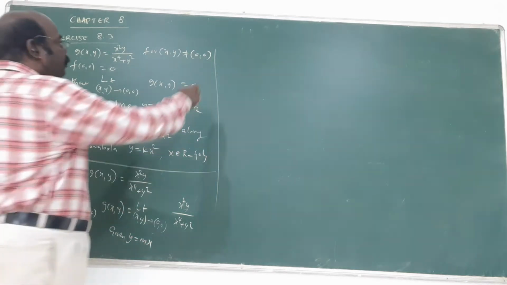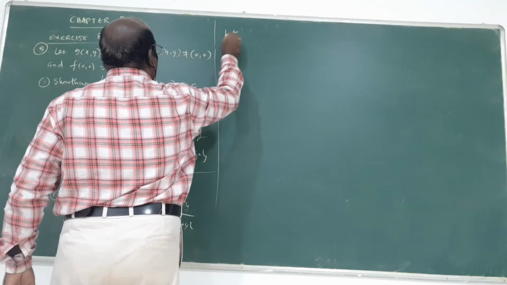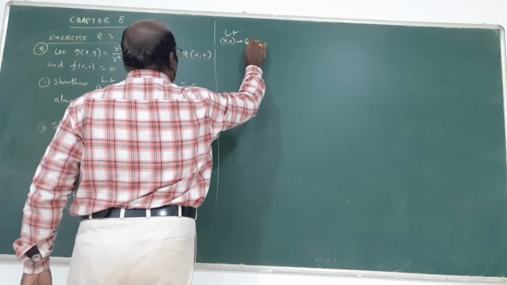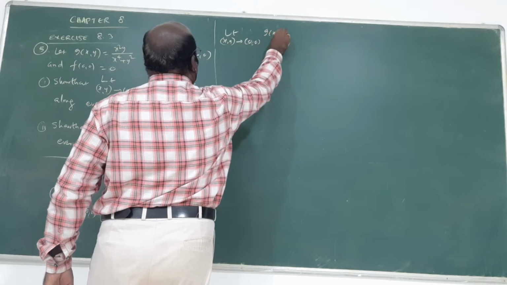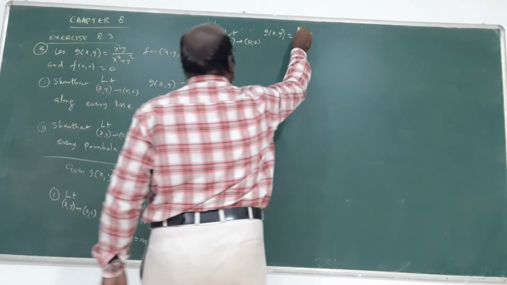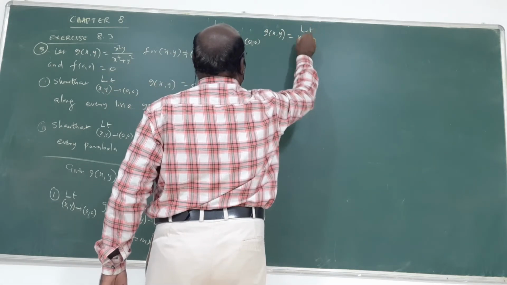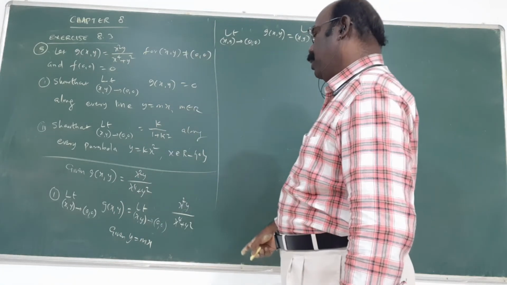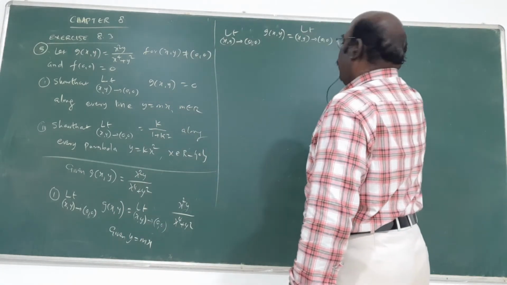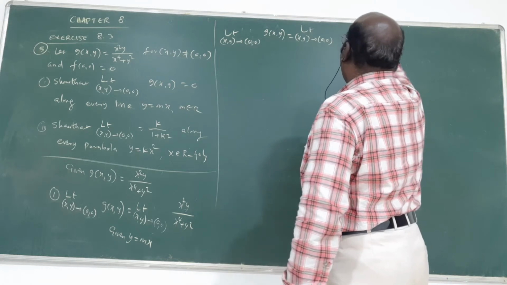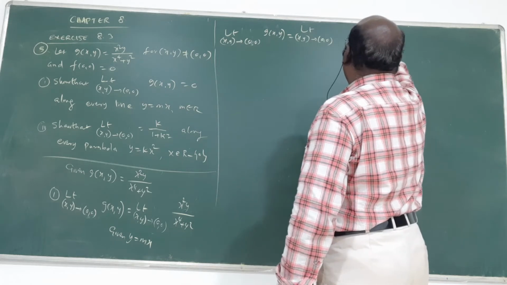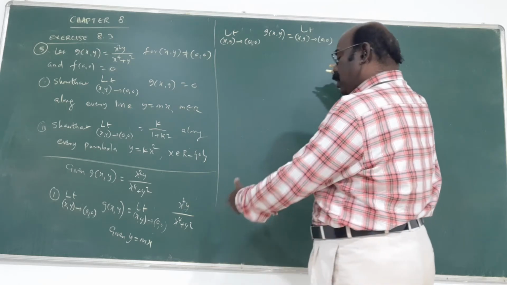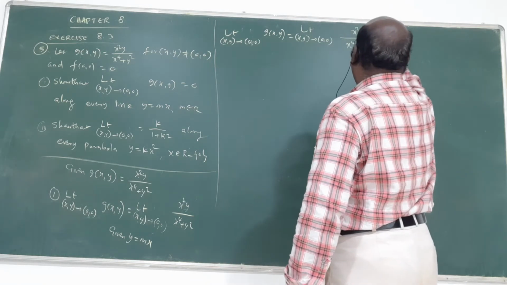So the limit as x comma y tends to 0 comma 0 of x square into y, which is mx, over x power 4 plus y square, that is mx whole square.